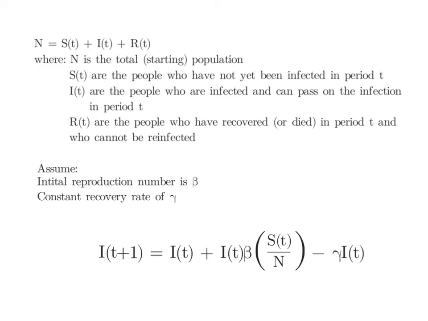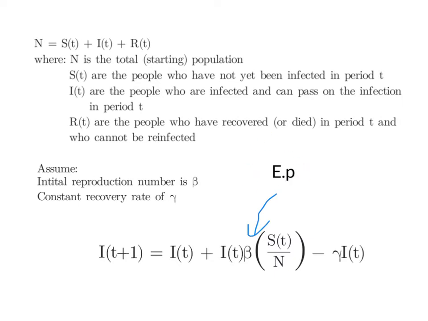These are the new infected people. Let's think about this term, beta times S_t on N. What's that referring to? Well, remember, beta is this reproduction number. This reproduction number is made up of two things. Beta is simply this E, this exposure rate.